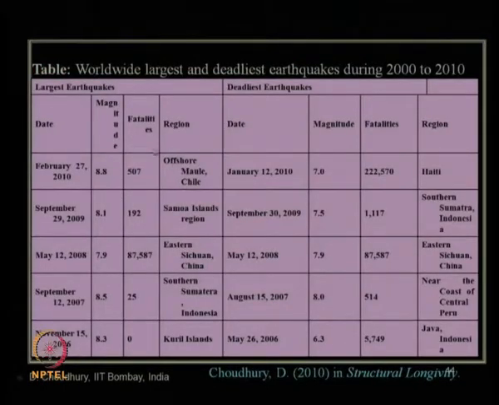Now, I want to mention in this slide the worldwide largest and deadliest earthquakes during the years 2000 to 2010. One should remember that the largest earthquake is not necessarily the deadliest one. It is quite obvious, because the largest earthquake is in terms of magnitude.